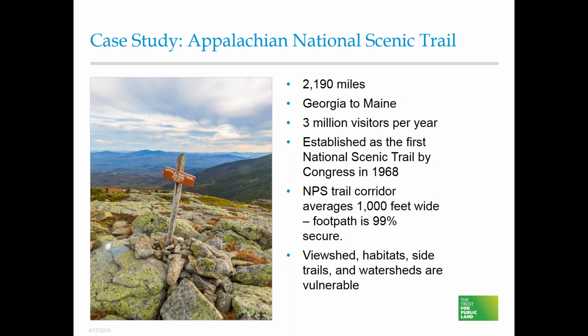And those Park Service lands average about 1,000 feet wide to provide a buffer for the hiking trail and to protect critical natural and cultural resources along the route. But at 1,000 feet wide, that leaves a lot of land that's vulnerable and critical resources that aren't protected, including the viewshed, significant wildlife habitat, side and connecting trails, and watersheds.